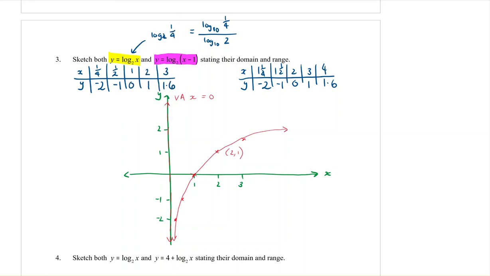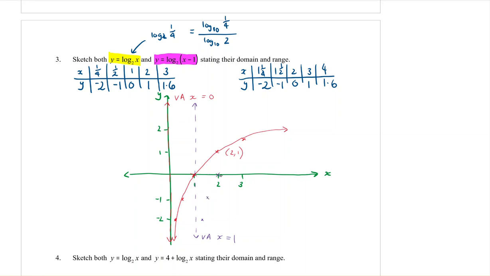Okay, so I have a vertical asymptote here. So vertical asymptote is now at x equals 1. And my points at 1 and a quarter, I'm at -2. At 1 and a half, I'm at -1.